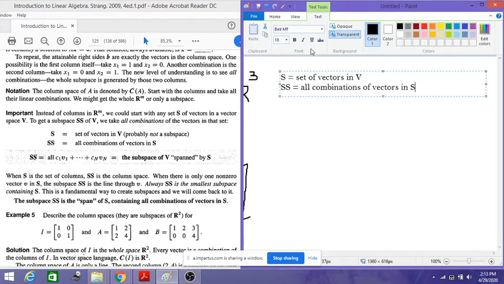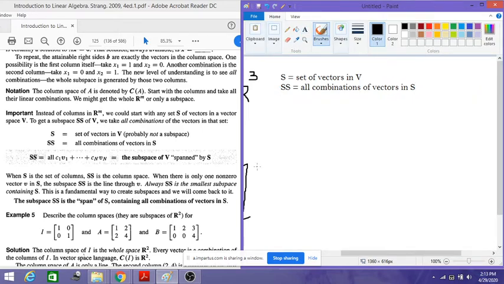So then SS can be defined as something like this.